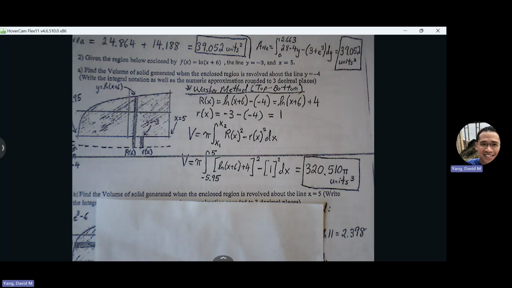Okay, good with part A. Part B, same shaded region. We may have a different axis though.